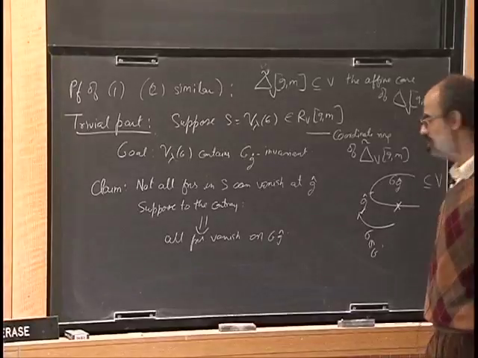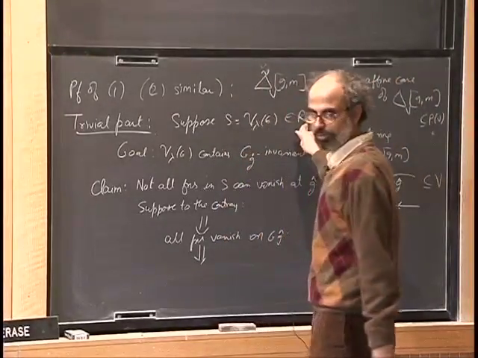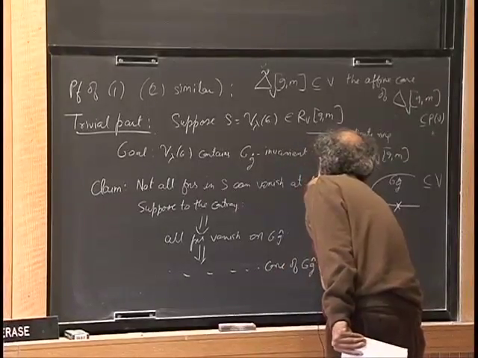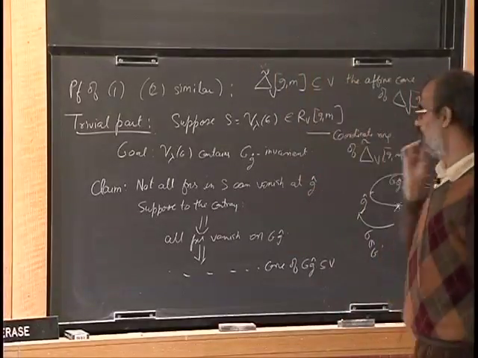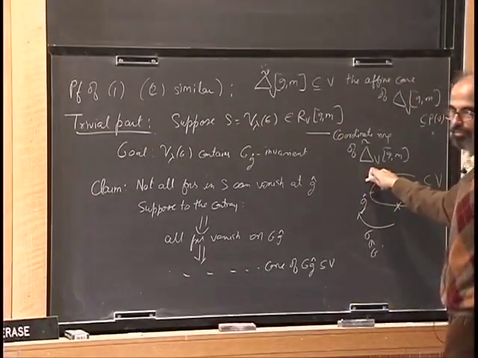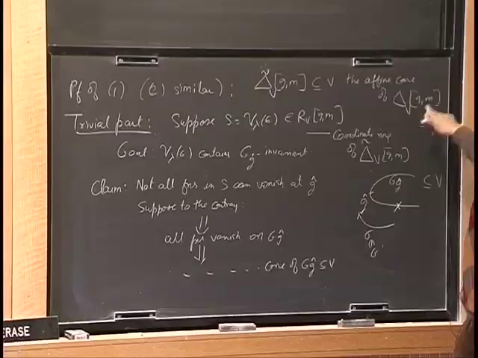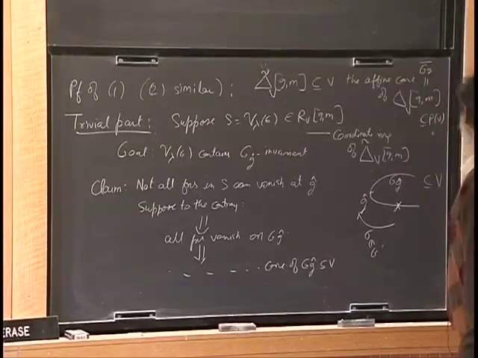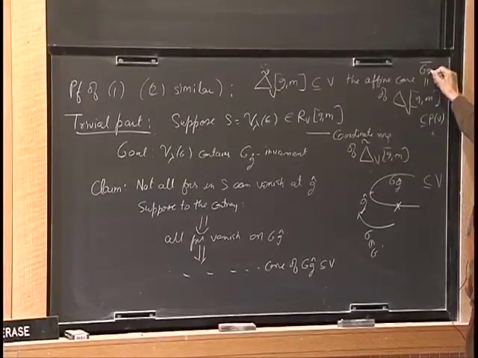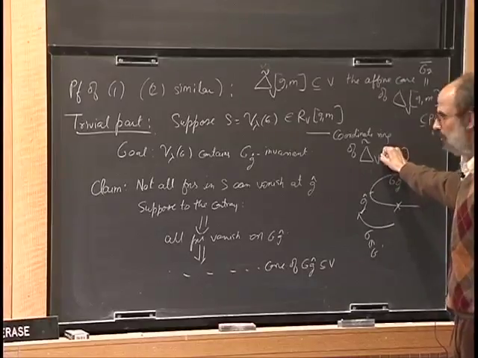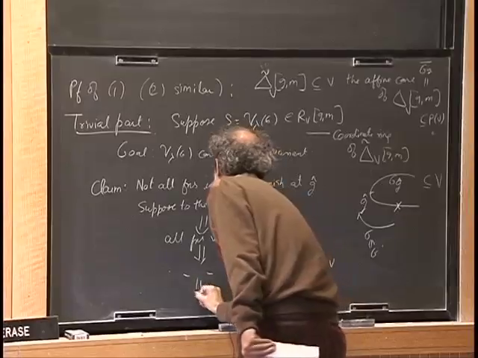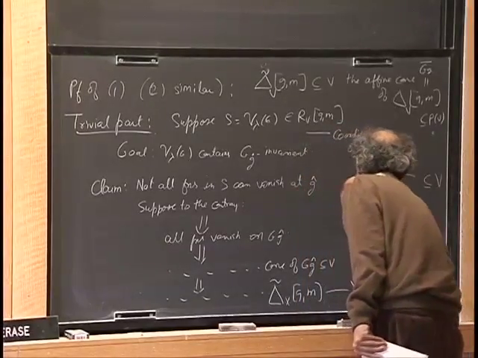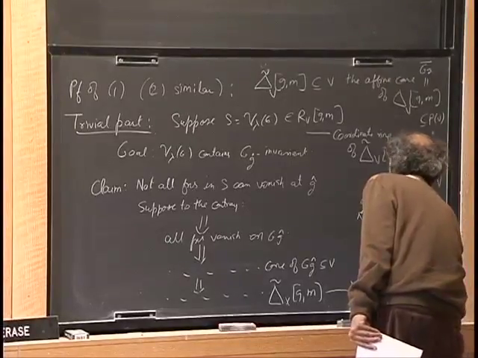So all functions would vanish on this, and because the functions in S are homogeneous, being part of the homogeneous coordinate ring, all functions would vanish on the cone of G inside V. From every point you take a line passing through the origin, but this cone of G is dense inside this, because the orbit of G in the projective space is dense, since this is the closure of G G. So all the functions would vanish on delta V G M, and that would be a contradiction, because if it vanishes on all of them, it can't belong to RVGM.